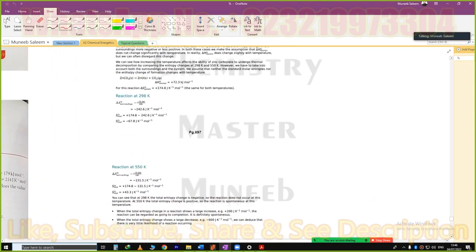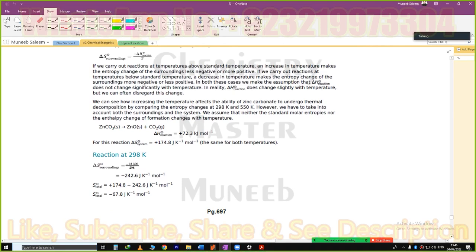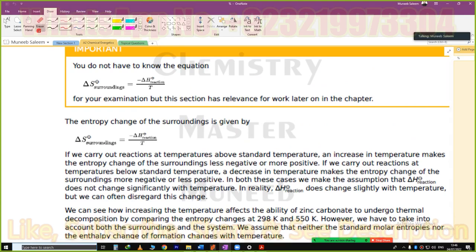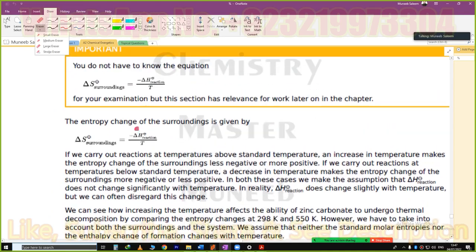Then we have this type of example, for this type of reaction, the entropy delta S surroundings, which is equivalent to minus delta H of the reaction divided by T. If you apply the temperature factor here, at high temperature the delta S surroundings is less negative.